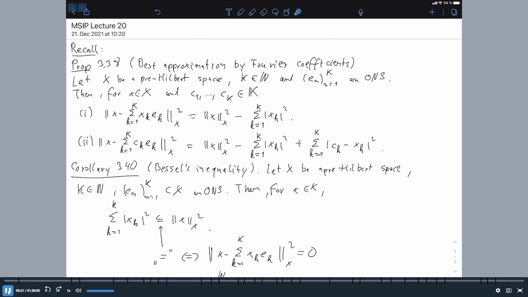Okay, so where did we stop last time? We were concerned with so-called orthogonal expansions. We started with an orthonormal system. An orthonormal system is a sequence of elements in a pre-Hilbert space where you check the scalar product of pairs, and if the vectors are not the same, it should be 0, and if they are the same, it should be 1.